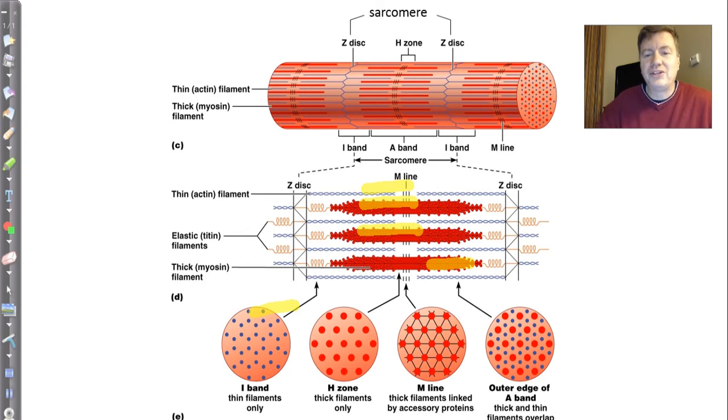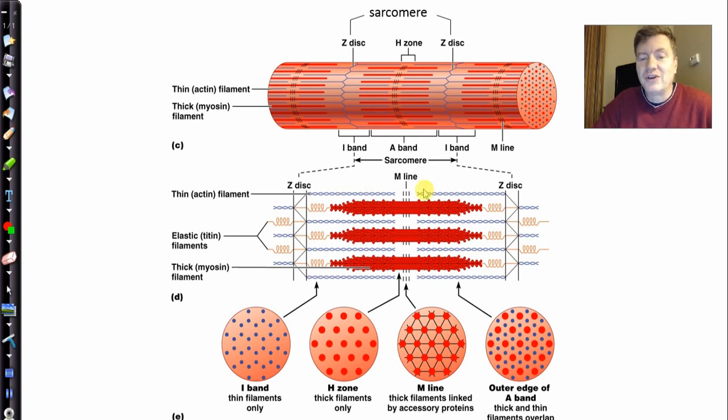What you're going to see in this contraction unit is a shortening. It's going to get like this because the myosin is going to pull on actin. So briefly, we have a dark band because all the myosin and actin overlap.